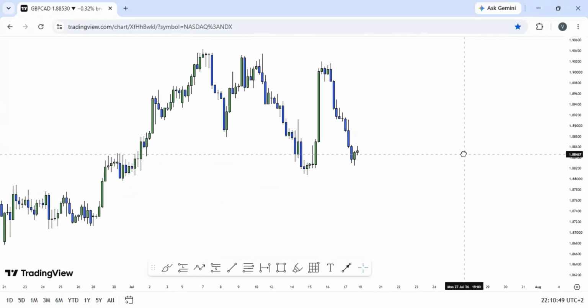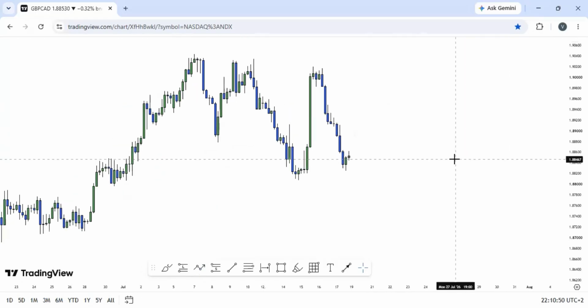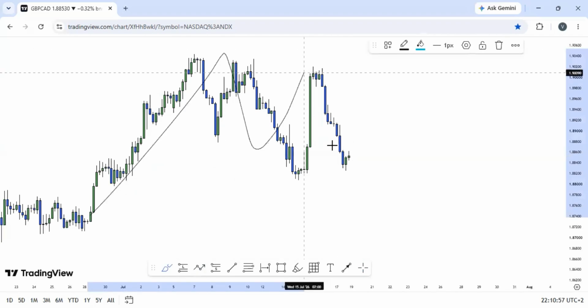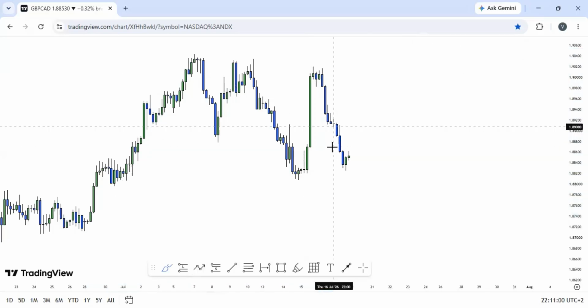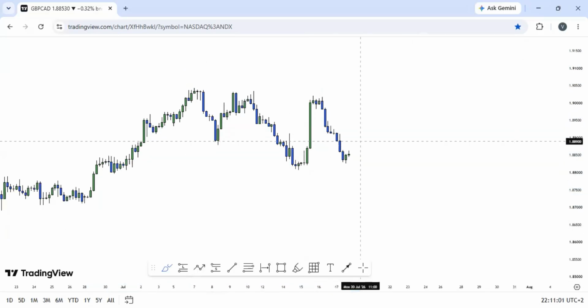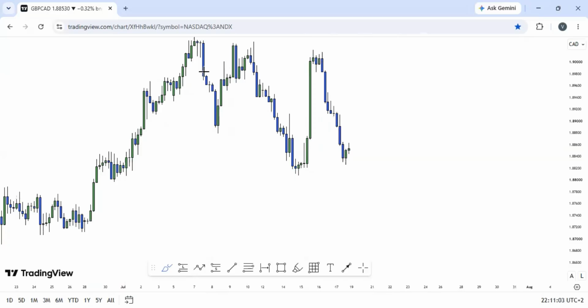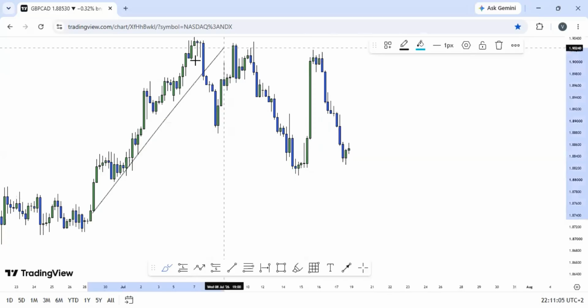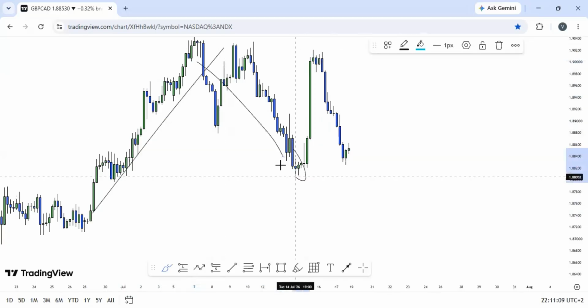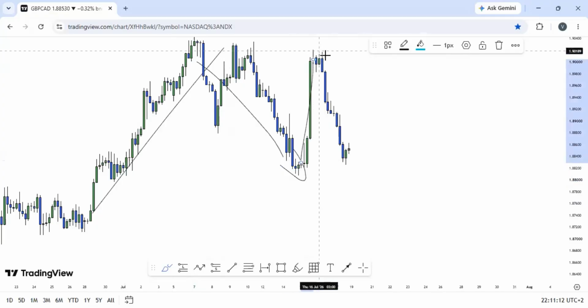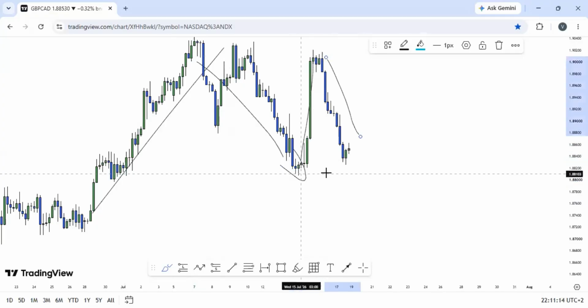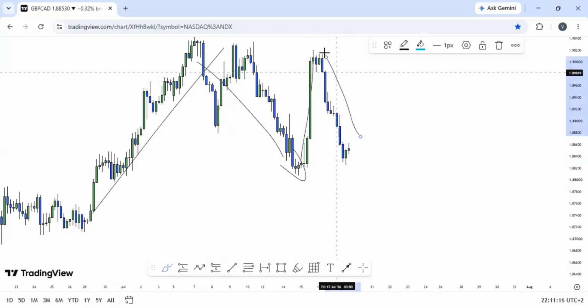On our 4-hour time frame, we want to look for the internal structure. What did we have on our 4-hour time frame? We had a major impulsive move, then a major pullback to the structure. Then we had a major impulsive move, and currently a major pullback to the structure.